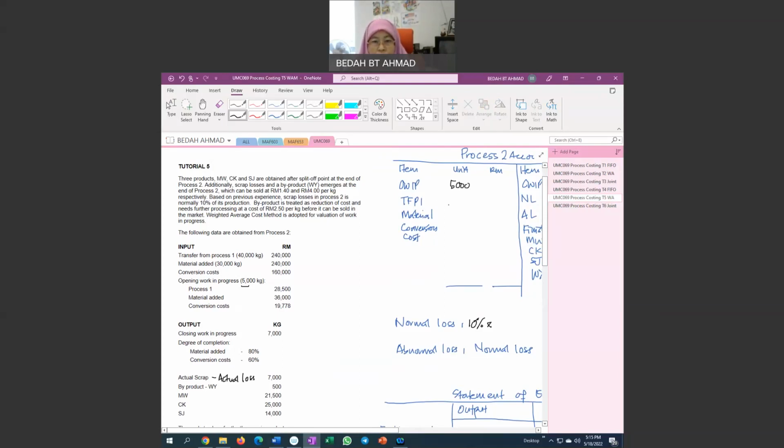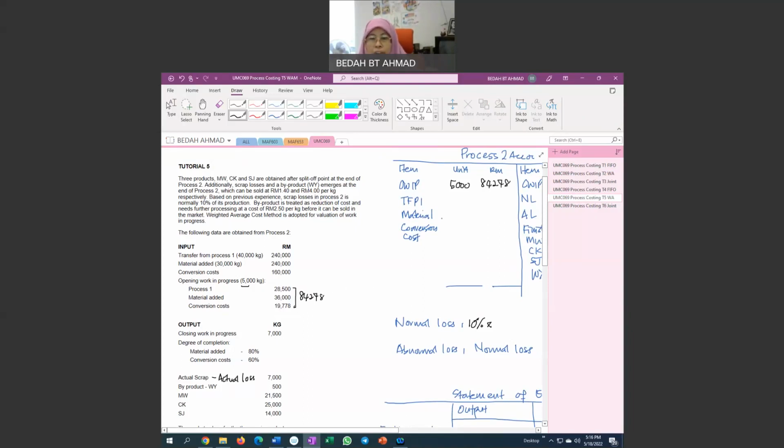This 5,000 work in progress is equivalent to process 1 of 36,000, material added of 19,778 conversion cost. So we add together these values and we get 84,278. We record 84,278 in the process 2 account.